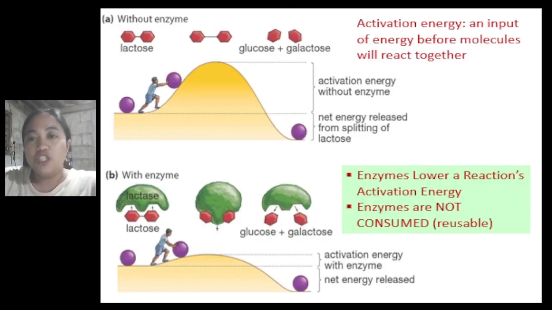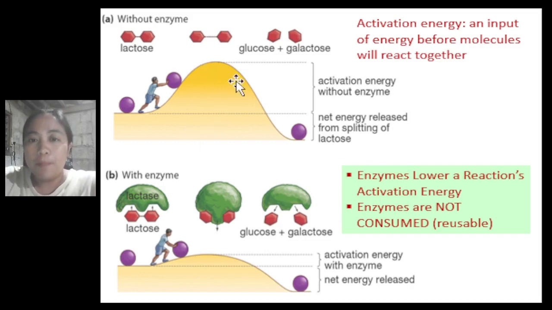Now, in this presentation you can see a hill. This hill is what we call activation energy. What is activation energy? This is the energy input required to initiate the reaction, the input of energy before molecules will react together.